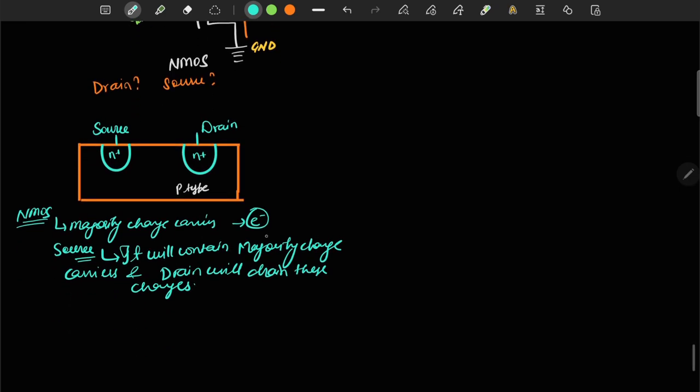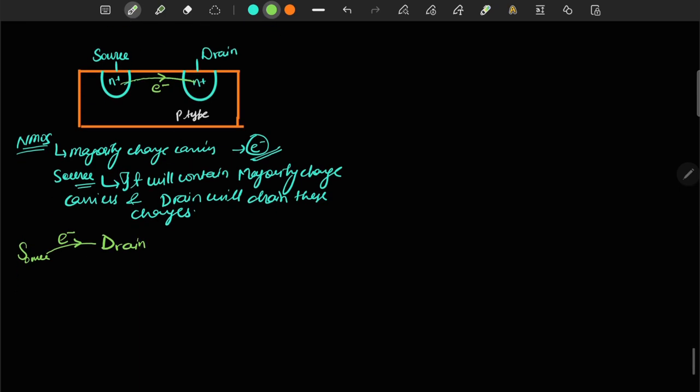We already know the carriers are electrons. So the source is providing the electrons to the drain. Electrons are moving from source to drain. Then what would be the direction of current, which we termed as I_D,N?